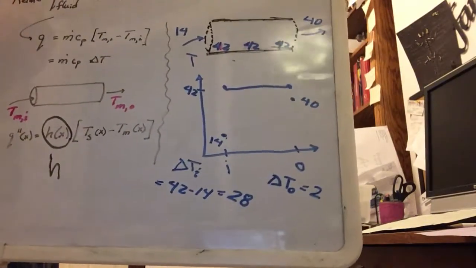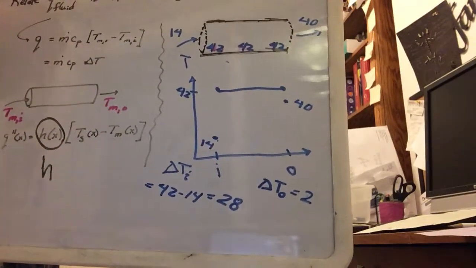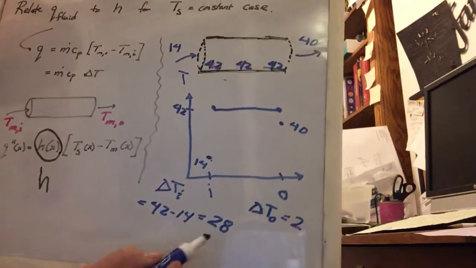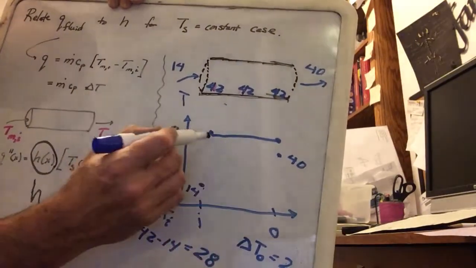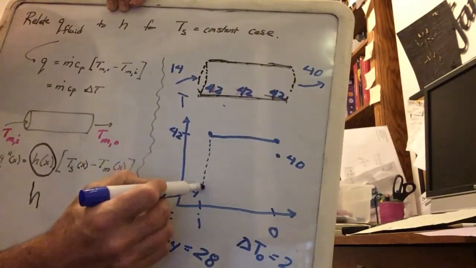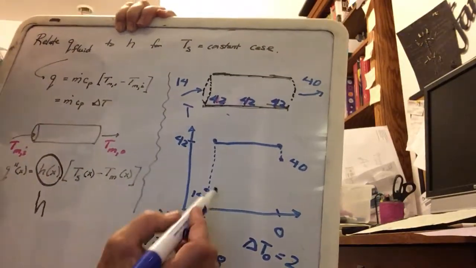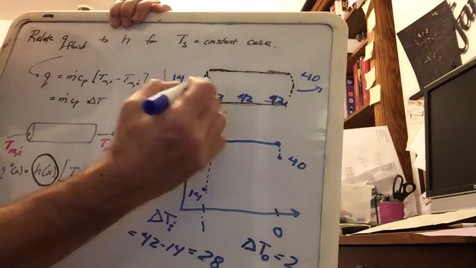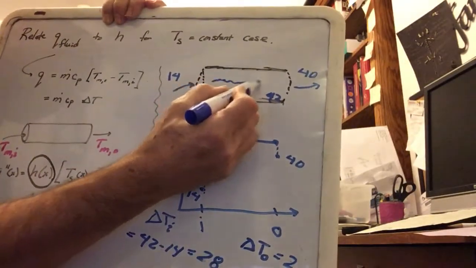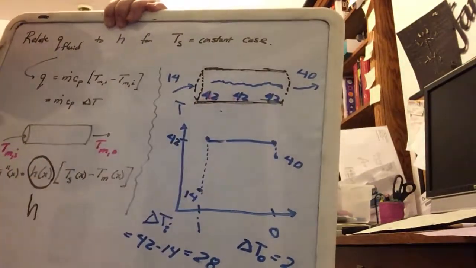Okay, so our delta T, where delta in this case means difference as opposed to change, varies from 28 to 2. And you can see that graphically. We have a big temperature difference here, a small temperature difference there. Last thing is, what does this curve look like that would represent the fluid's temperature as it goes through that pipe?